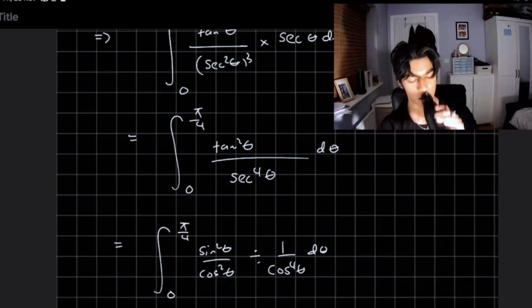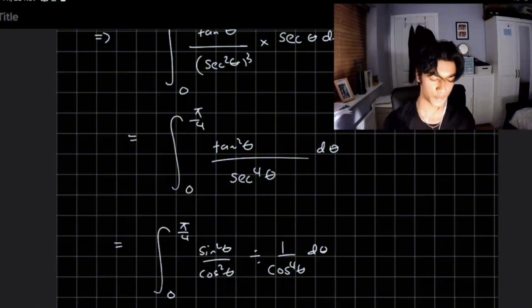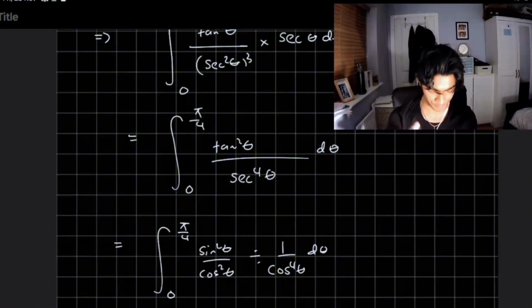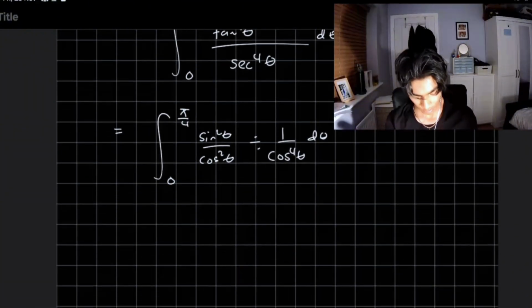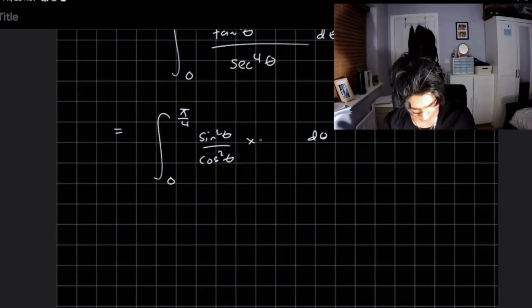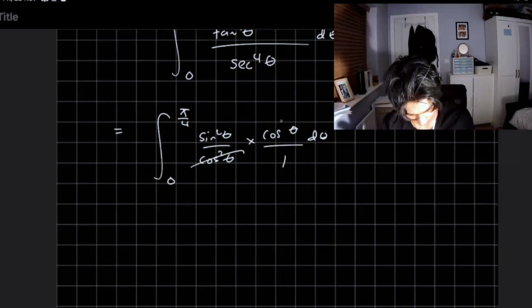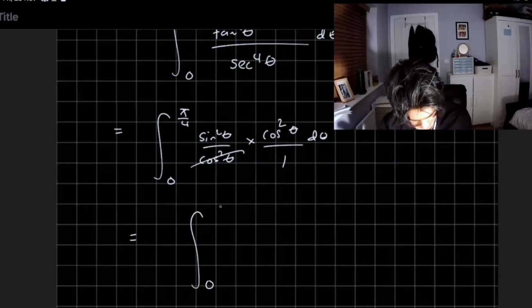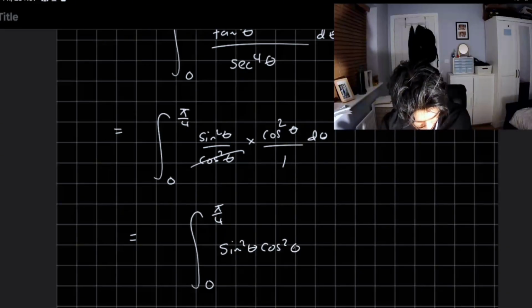Now, this is just the same as multiplying by cos to the 4 theta. This cancels out, and this becomes a cos squared. So we've got sine squared theta cos squared theta d theta.